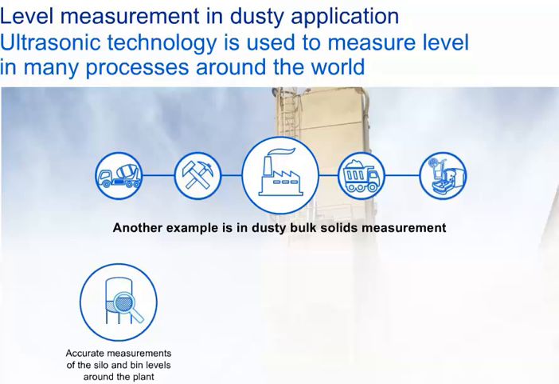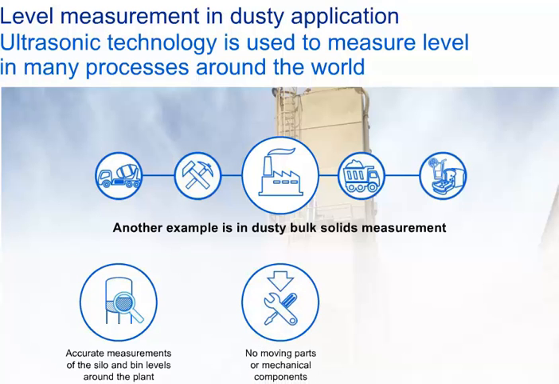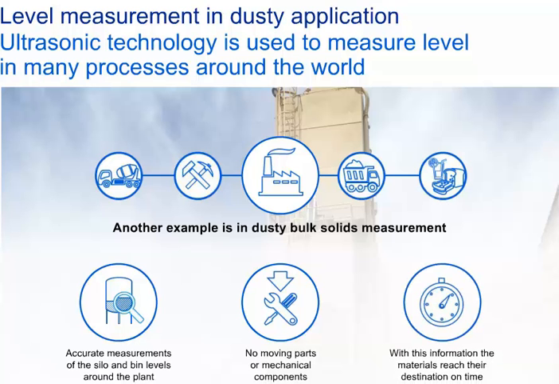The solution is to measure the level, for example, using ultrasonic level instruments. The advantage of this method is that it does not have any moving parts or mechanical components that require frequent maintenance. With this information, the manufacturer can ensure that materials reach their destination on time.